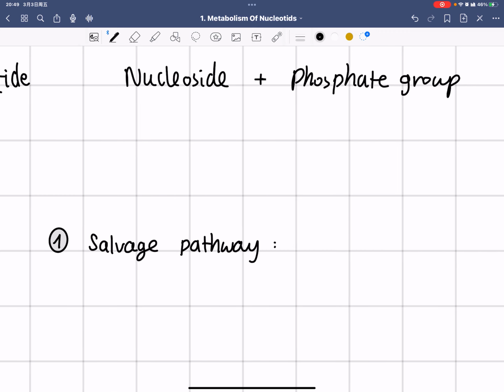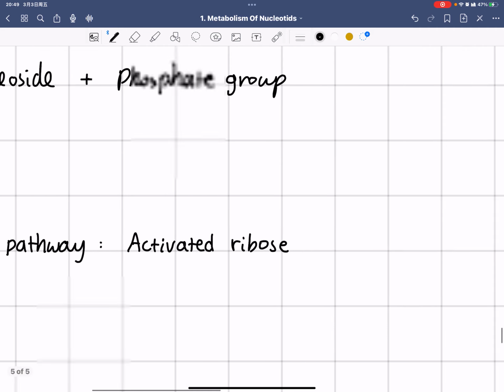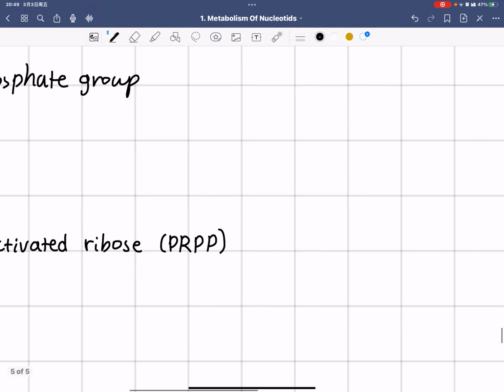Here we use activated ribose, which is PRPP. Later we will talk about how PRPP is formed and its full name. And we add a base, and this base is reutilized.